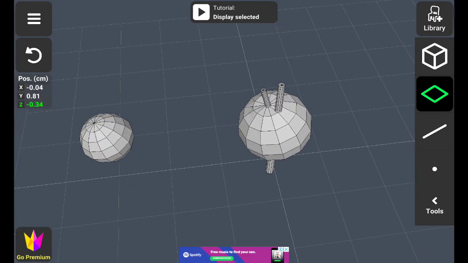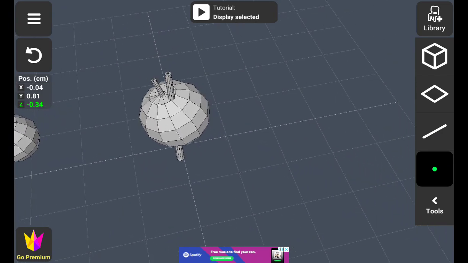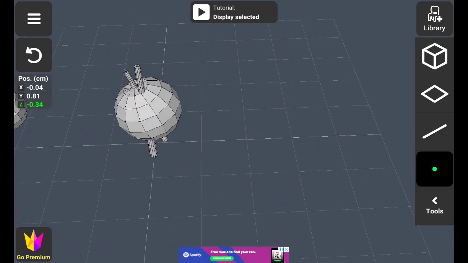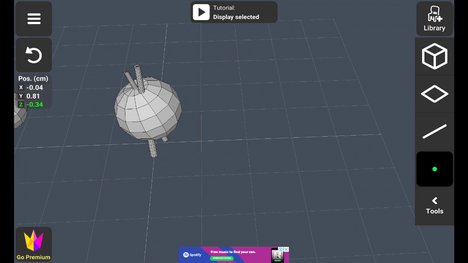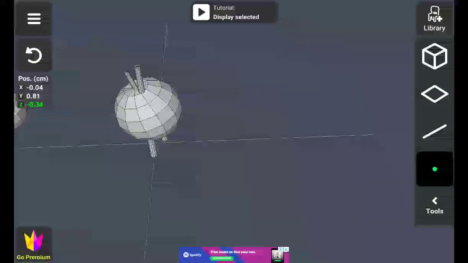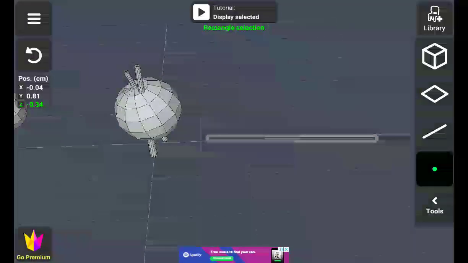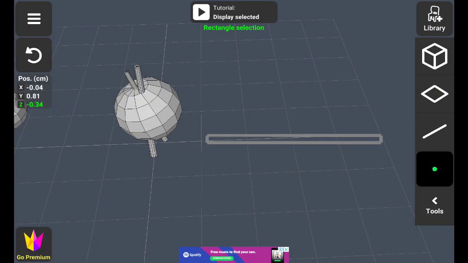So a point like here, these lines are actually the latitudes and longitudes of the earth.